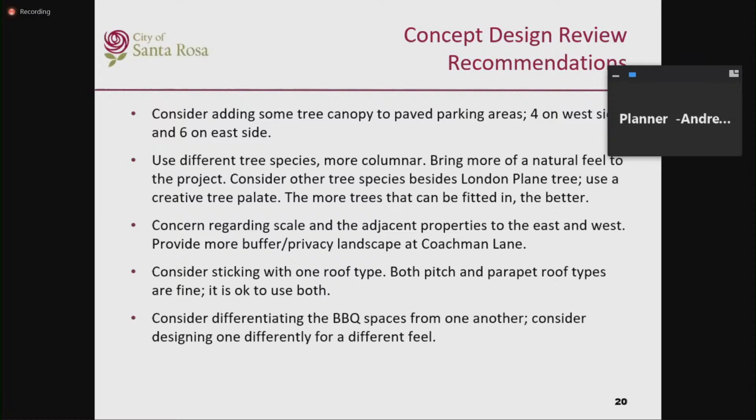And also they felt that while you could stick with one particular rooftop, both pitched or parapet rooftops would be appropriate. And then to consider differentiating the outdoor amenities spaces, those adult barbecue spaces, from one another.